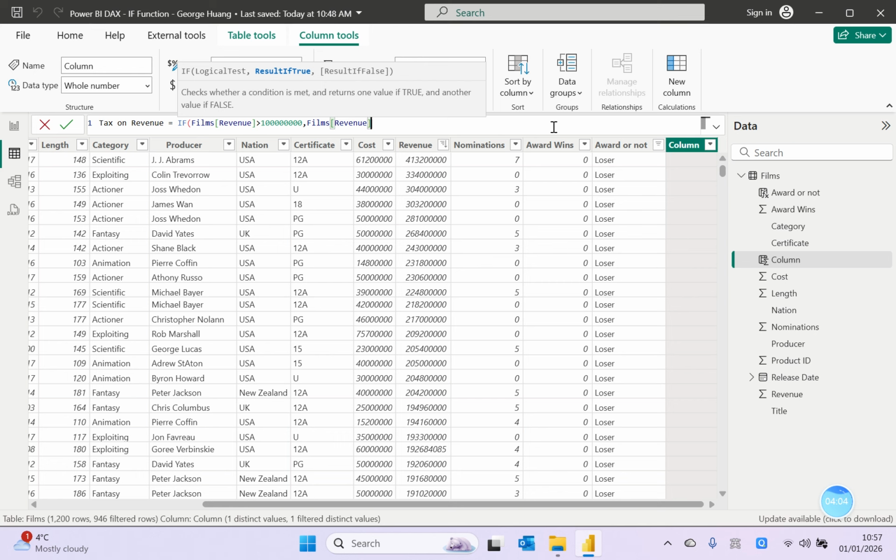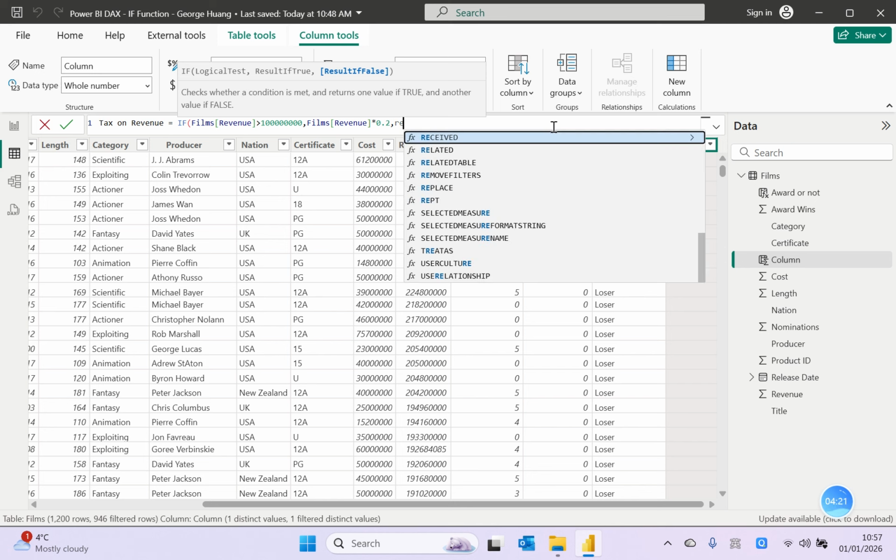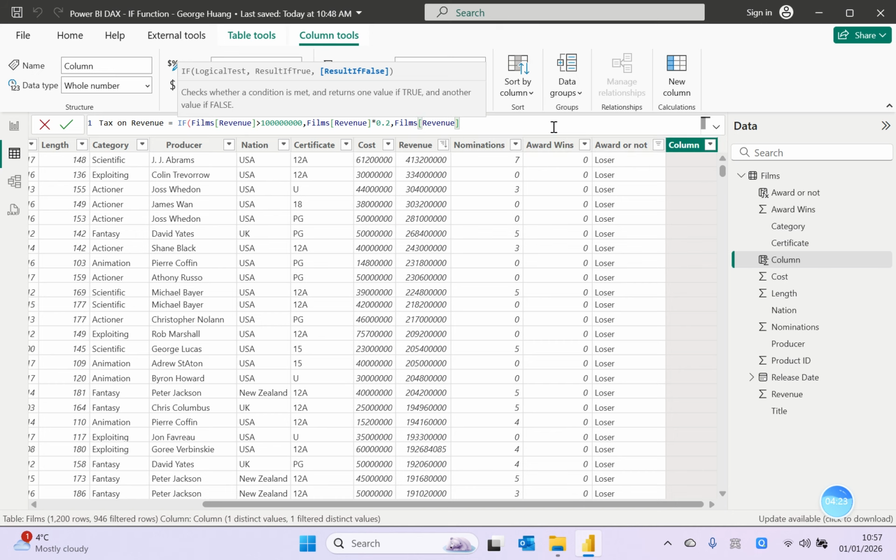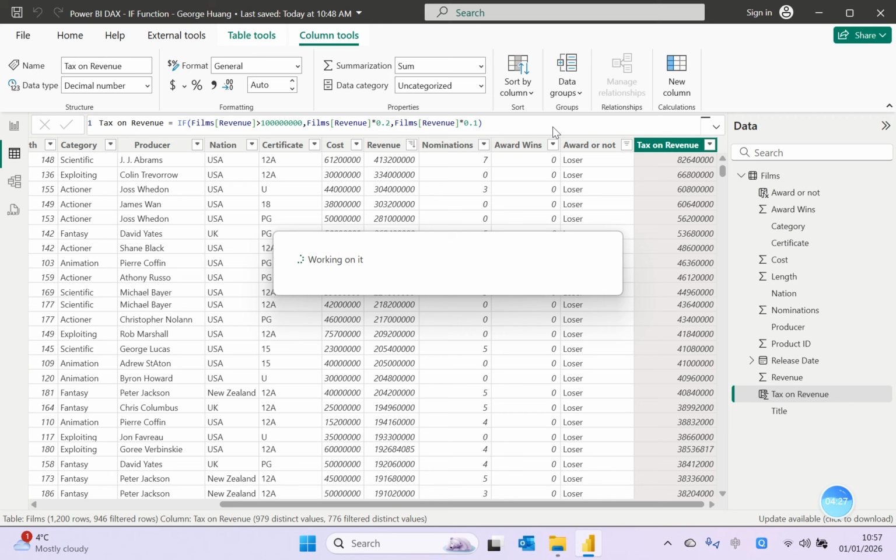Please remember here, in Excel you can put 20% directly, but in Power BI DAX, you have to use 0.2 instead. Otherwise, 10%, 0.1. Okay, that's for sure.